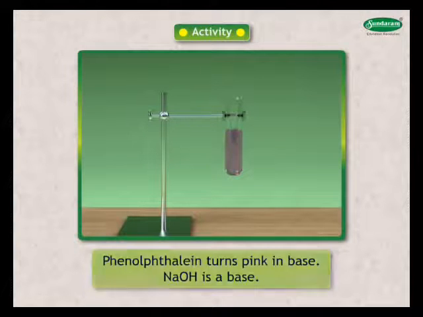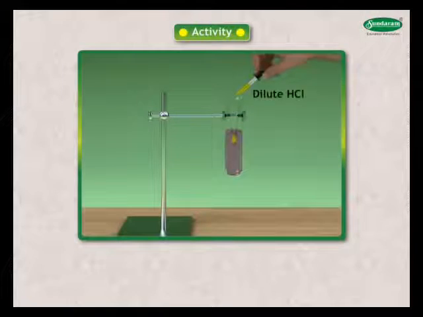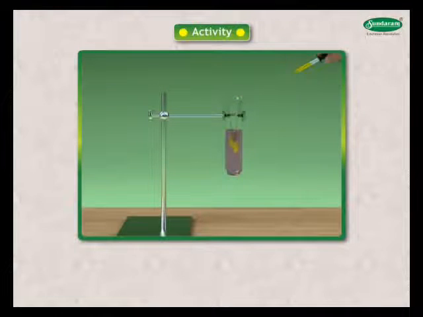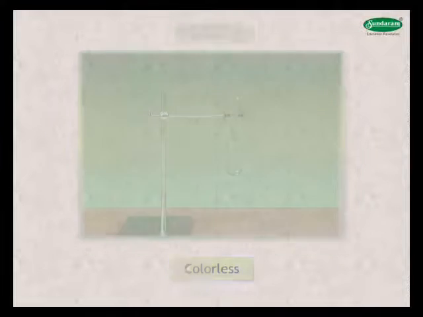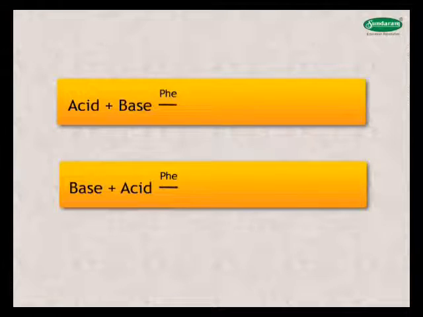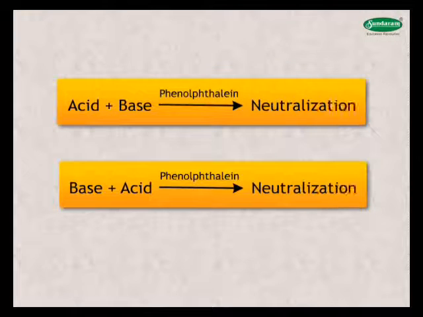NaOH is a base. If you add dilute HCl to the solution, will you be able to note any color change? It becomes colorless again. Effect of acid is neutralized by base and vice versa. This is indicated by phenolphthalein, the indicator.